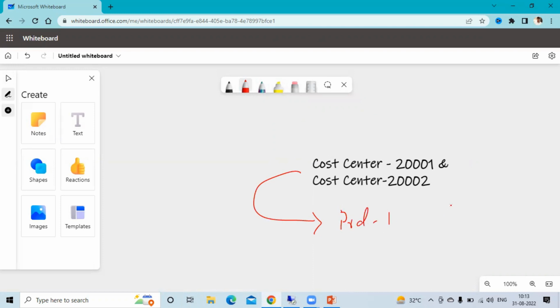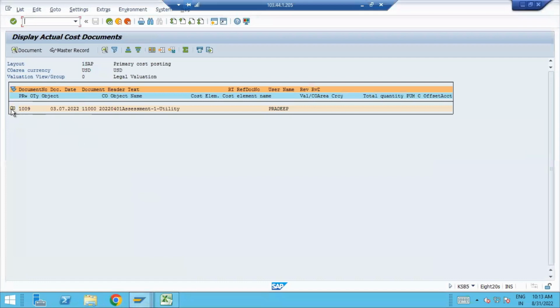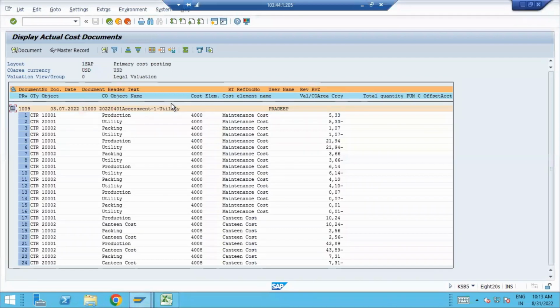In my example, one is our production cost center and one is our packing cost center. I allocated this cost to two different receiving cost centers. You can see the minus entries for 20001, and the cost is transferred to 10001, which is the receiving cost center here, and both cost centers are linked with our profit center.